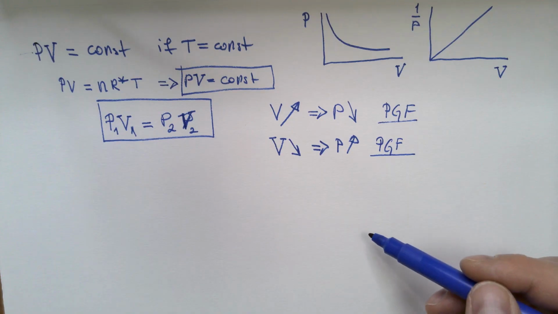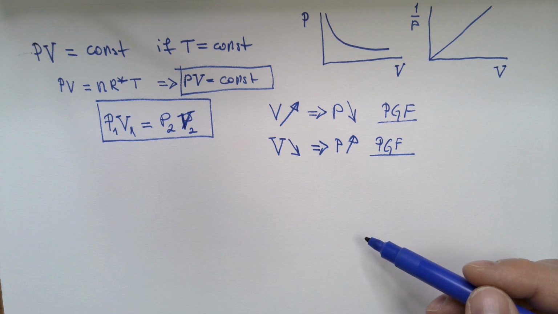Now, if you are constantly at the Earth's surface, you are not flying, and you eat a lot, and it happens that you are becoming bulkier and bulkier, that particular phenomenon cannot be explained using Boyle-Mariotte's law.